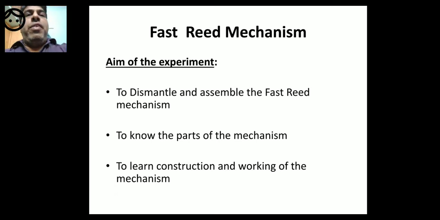This is all for your revision only, because we need to know the fundamentals of weaving before going into the fast reed mechanism. So what are the auxiliary mechanisms? Warp stop motion, weft stop motion, warp protector mechanism, temples and brake.